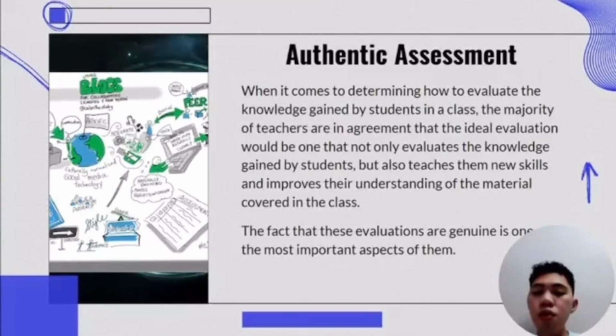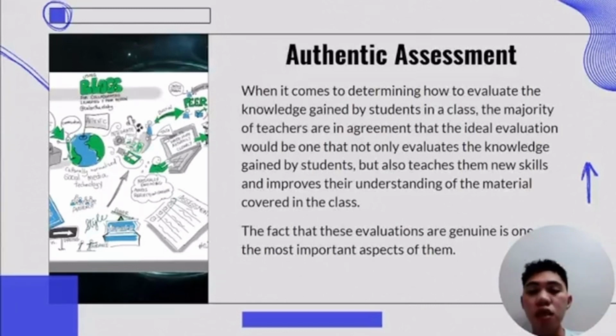When it comes to determining how to evaluate the knowledge gained by students in class, the majority of teachers are in agreement that the ideal evaluation would be one that not only evaluates the knowledge gained by the students, but also teaches them new skills and improves their understanding of the material covered in the class. The fact that these evaluations are genuine is one of the most important aspects of them.